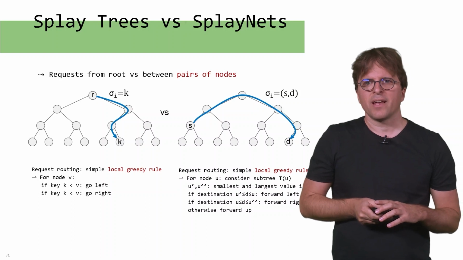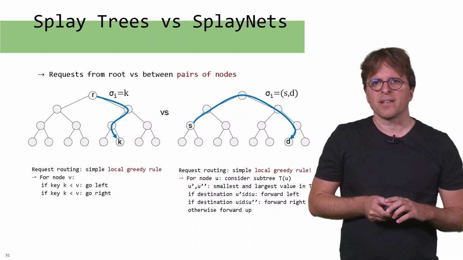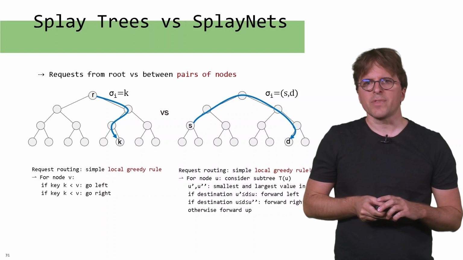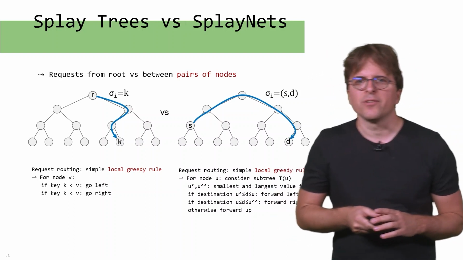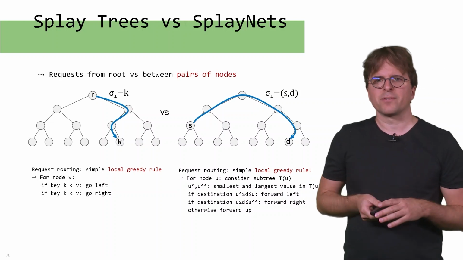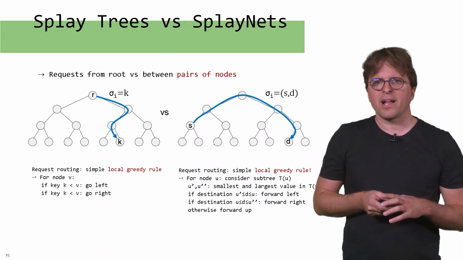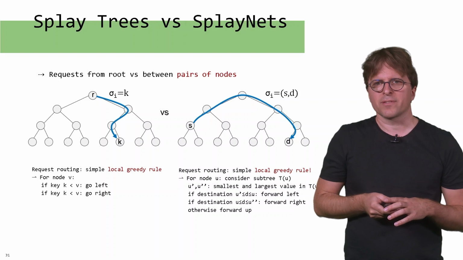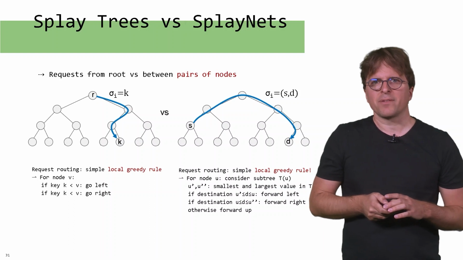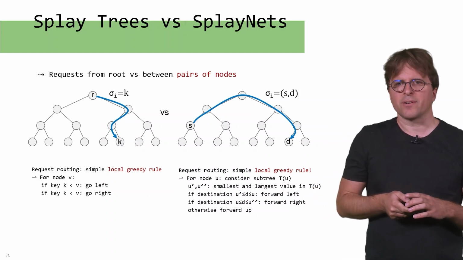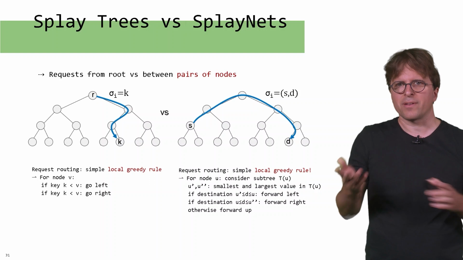And if the destination is somewhere between u and u'', then we forward to the right. And everything else, we forward upwards. So now we have this new dimension that we also have to move upwards. And that's how we can get greedy routing also in the context of a network where we have arbitrary pairs.